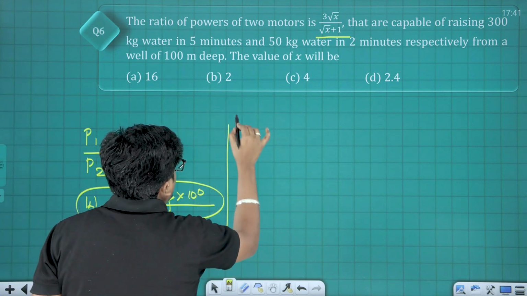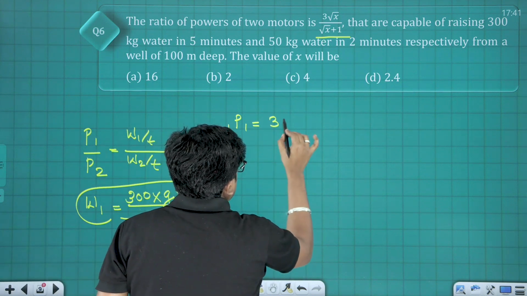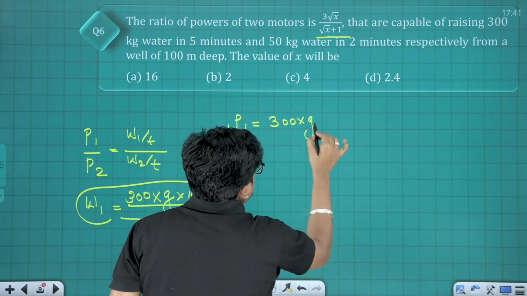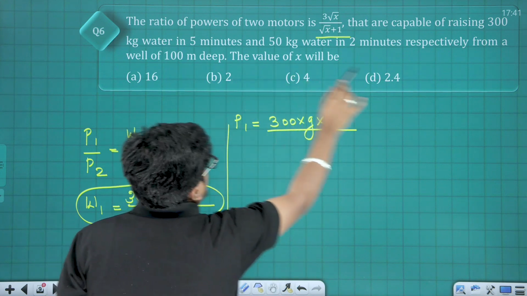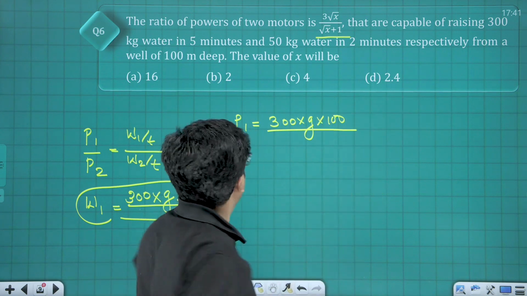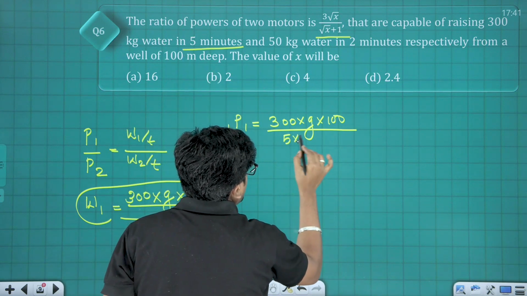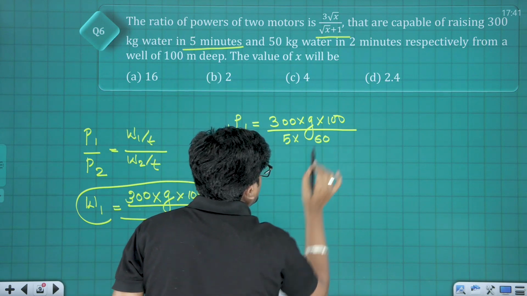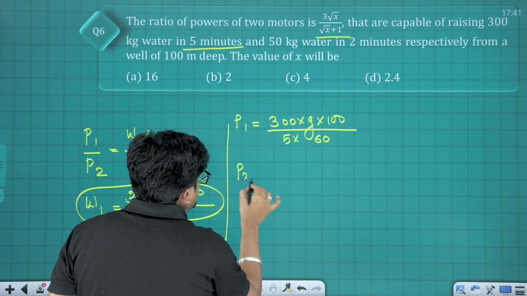Now what about the power in first case then? P1 is going to be 300 into G into 100 all divided by the time. The 300 kg mass was taken in a duration of 5 minutes, and once I convert into seconds, it's going to be 5 multiplied by 60. This is P1. And what about P2?